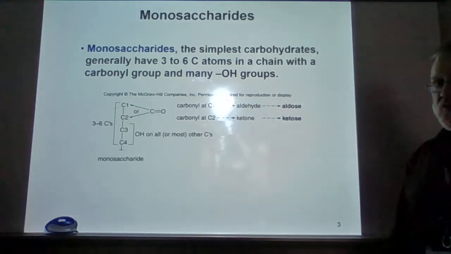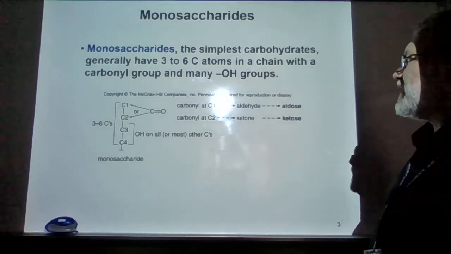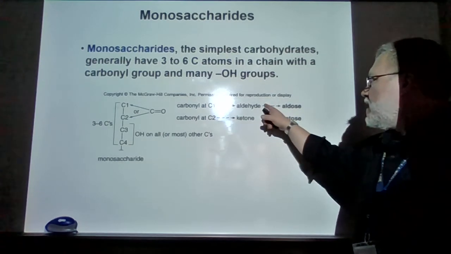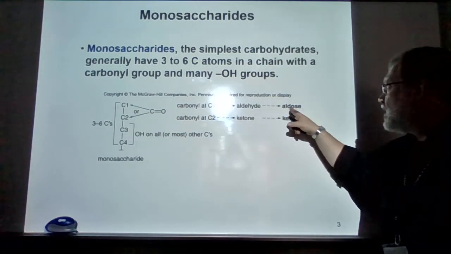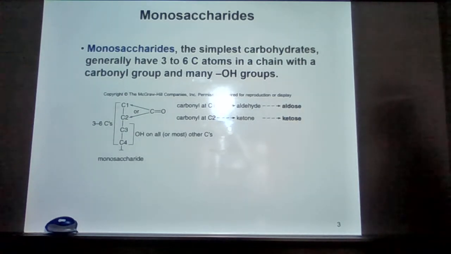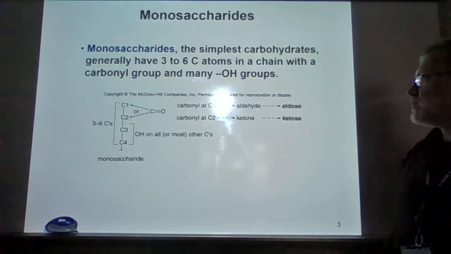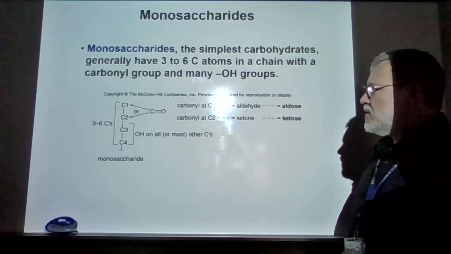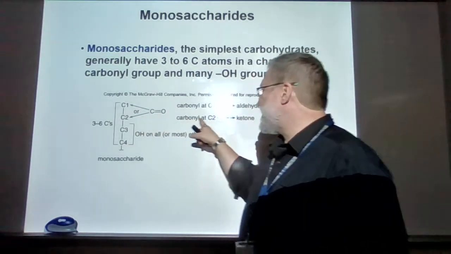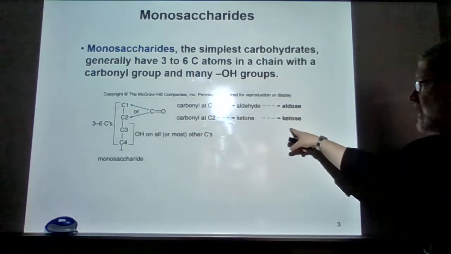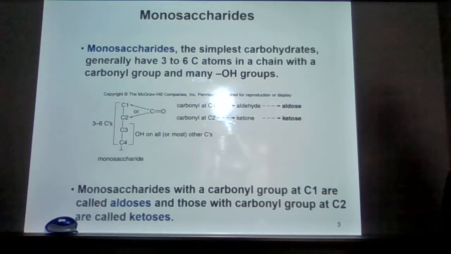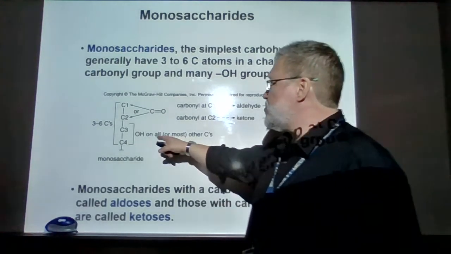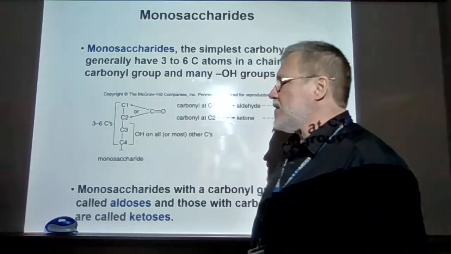Of the monosaccharides, they can be further classified as either those that have the carbonyl at C1, and those are known as aldoses, or the carbonyl at C2. These are known as ketoses. So, monosaccharides, generally 3 to 6 carbons.